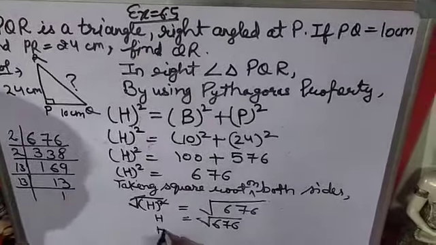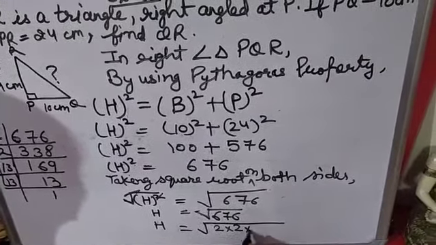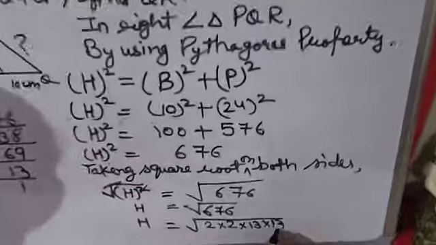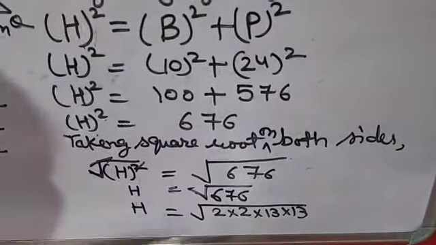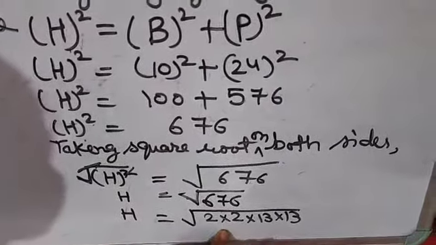So we will write all these prime numbers into this square root: 2 multiply 2 multiply 13 multiply 13. There are two pairs, one pair of 2 and one pair of 13. So now you will take out 2 from this pair and take out 13 from this pair.